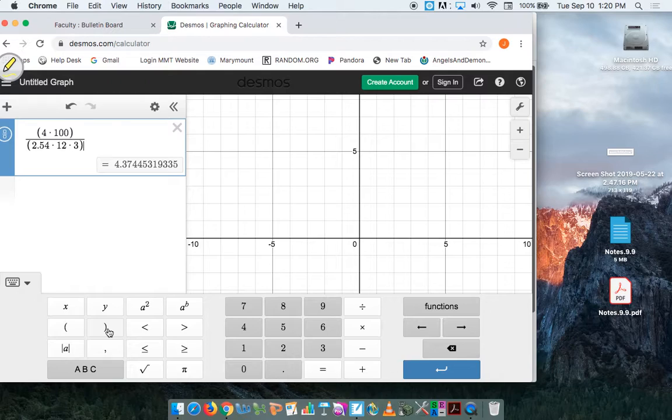Those of you with the TI-84, did you push enter and you should get 4.37? If you didn't, let me know, so let me see what you typed in incorrectly or compare it. Did yours give you a fraction? Or you didn't get 4.37? Are you okay? Are you using Desmos right now? Oh, you didn't put 2.54. Let me show you how to fix that. Hit second enter. You can probably just go up here.